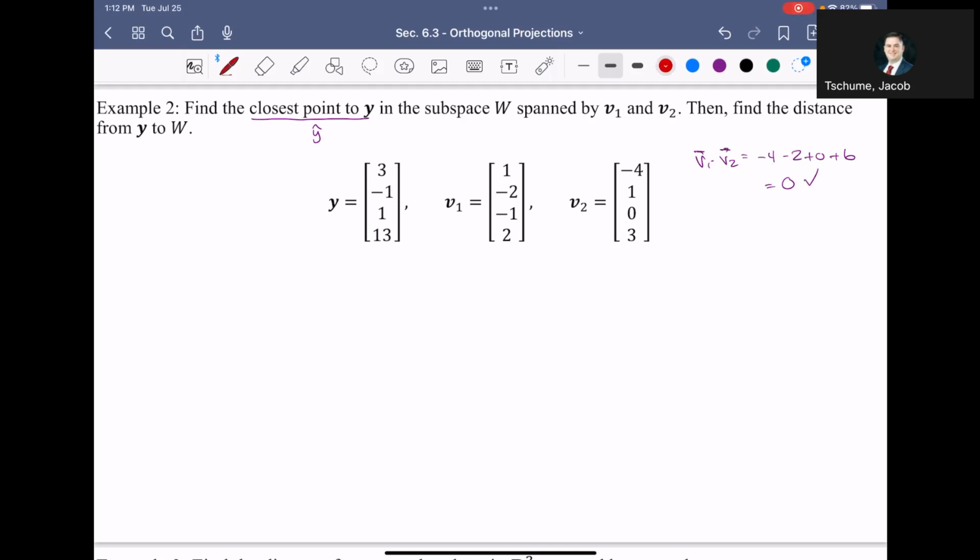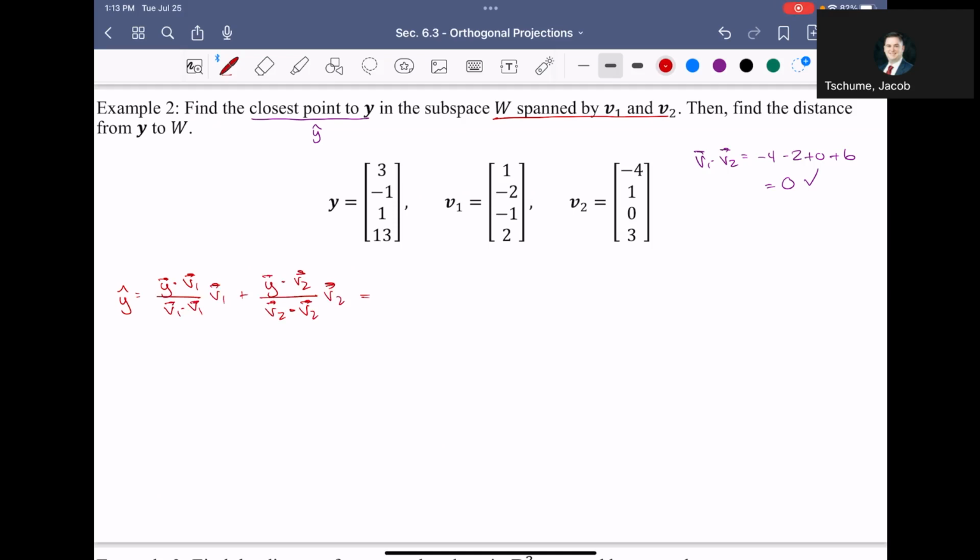For my formula to find y hat, we're going to project y onto the subspace spanned by V1 and V2. That's going to be y dotted with V1 over V1 dotted with itself times V1, plus y dotted with V2 over V2 dotted with V2 times V2.